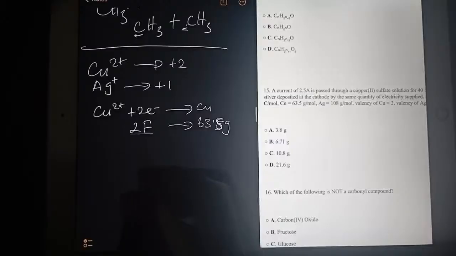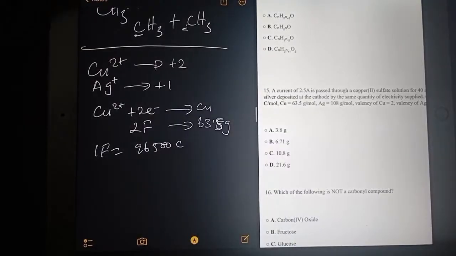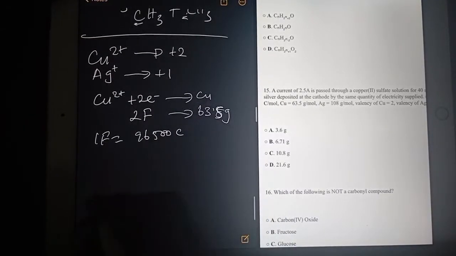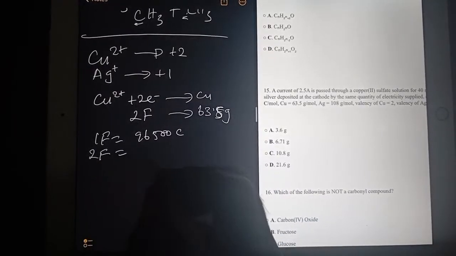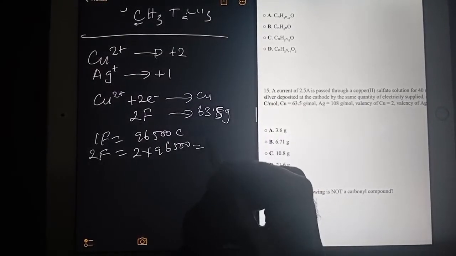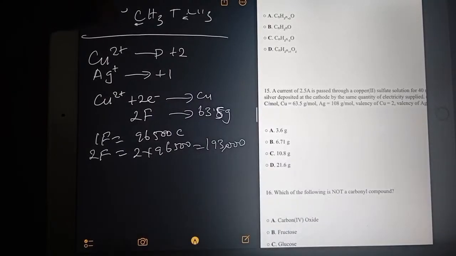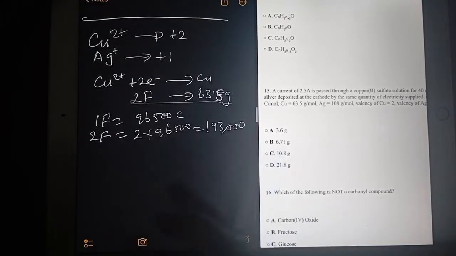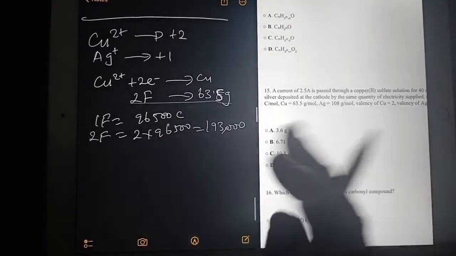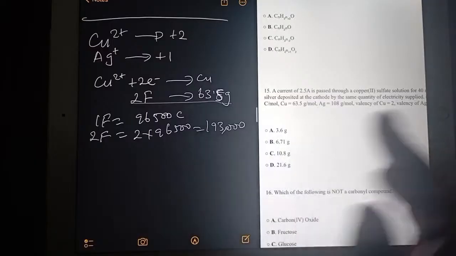Remember that 1 Faraday is 96,500 coulomb per mole, such that 2 Faradays will be 2 times 96,500, which gives us 193,000 coulombs. So 193,000 coulombs will give us 63.5 grams of copper.